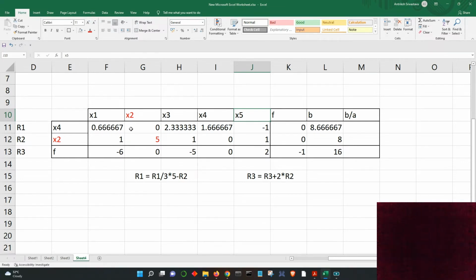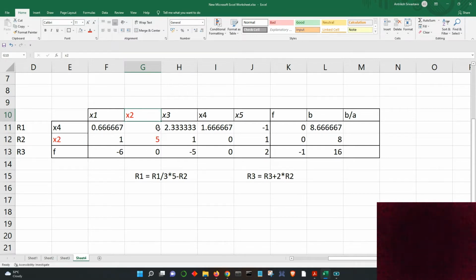So in this particular first row, what we will see is 0.667 into 0 plus 0 into x2 plus 2.333 into 0, because let me highlight them and make them italic because they are non-basic. So 0 into this constant plus this into 0 into this value.